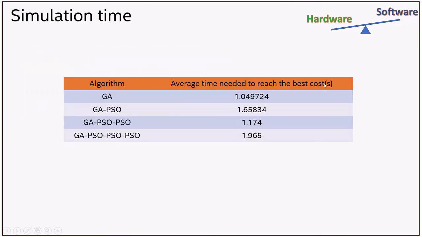If you look at the time, it is depending on the number of iterations. Because I am running the simulation on a computer, it is taking a lot of time. If I can implement something on hardware like FPGA, the time will be reduced and it can find out the best in less iteration and less time.